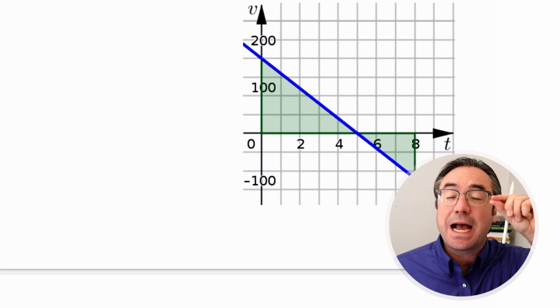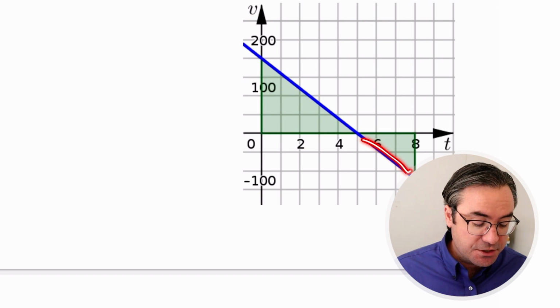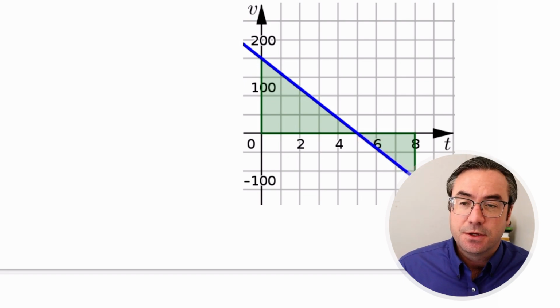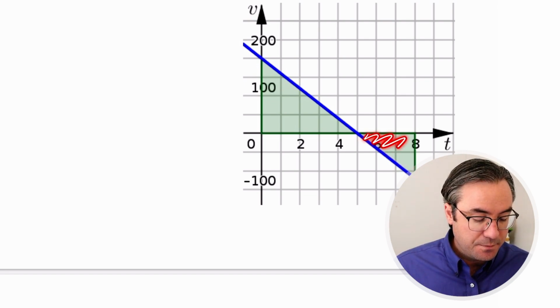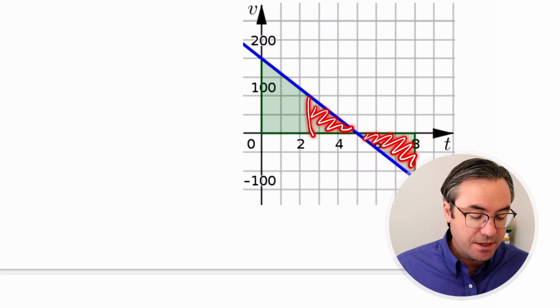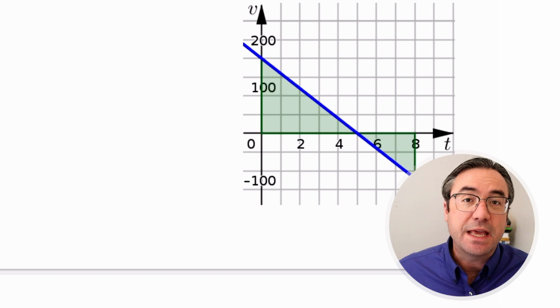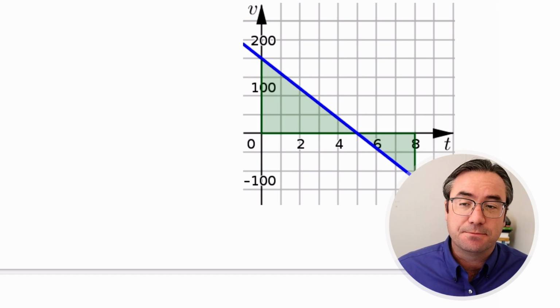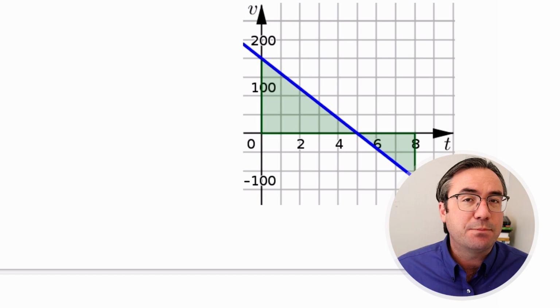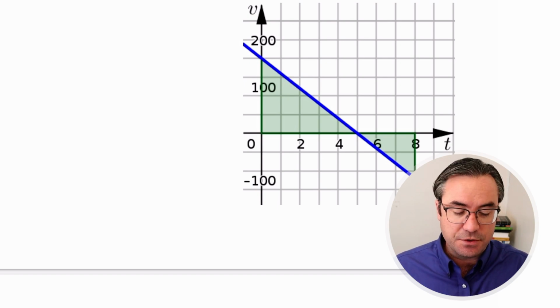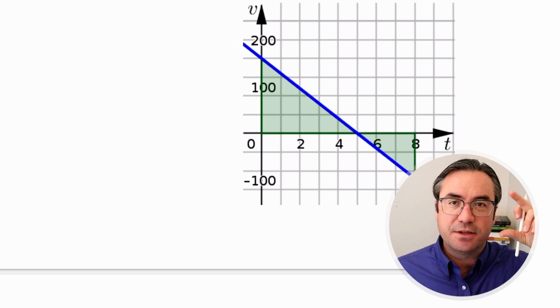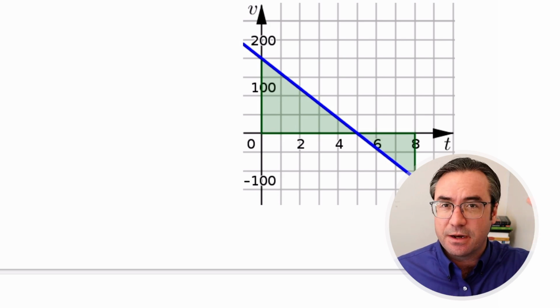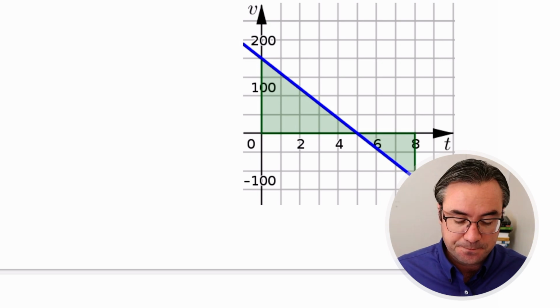So our object stops moving, and then it starts to move in the negative direction. So part of this is going to cancel off the gains we made going in the positive direction. So the displacement isn't capturing how far we've actually traveled. It's only capturing the difference between where we started and where we currently are.